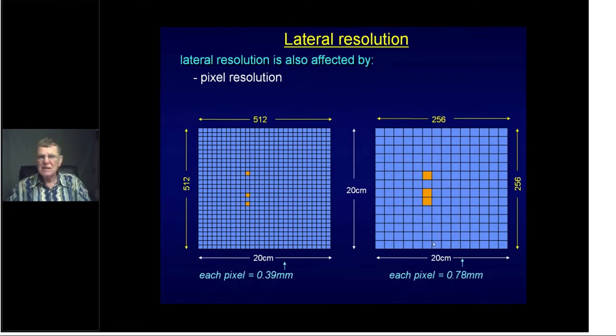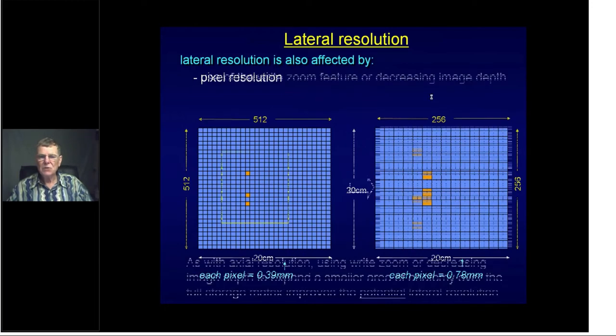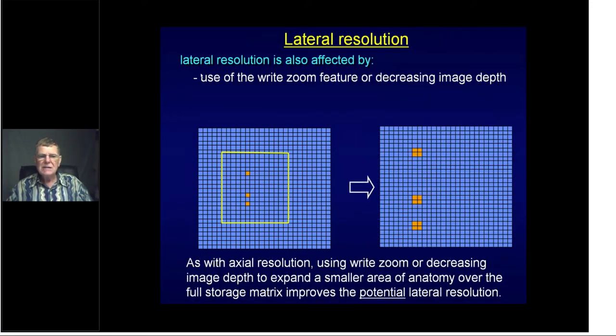So the chances are this won't affect it, but potentially it could. It's worth keeping in mind that image memory may cause a reduction in lateral resolution if you've got a lesser grade pixel resolution. The same with your right zoom feature, exactly the same.